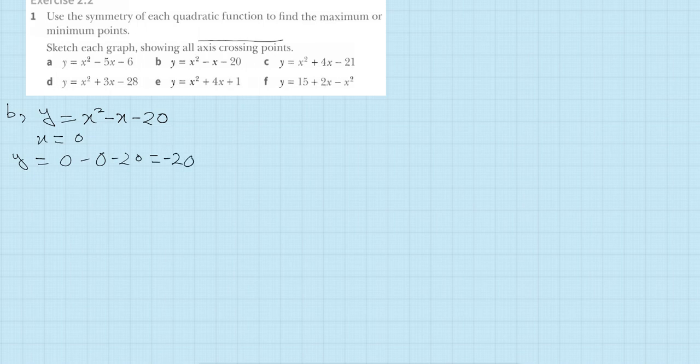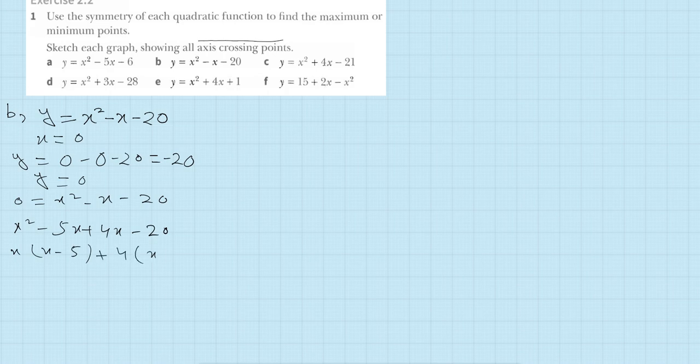The second step is to put y is equals to 0. So the equation becomes 0 is equals to x square minus x minus 20. Factorize this: x square minus 5x plus 4x minus 20. From the first two, taking x common, x minus 5.